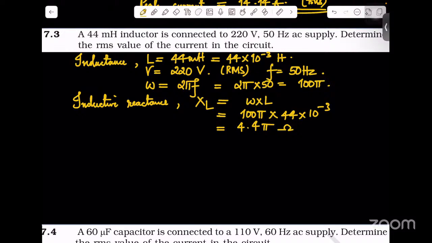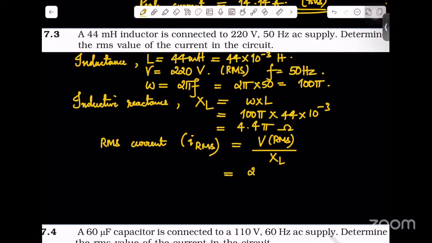Now, to find the RMS current in the circuit, we have the RMS voltage given in the question upon the inductive reactance of the circuit, which is 220 upon 4.4 pi.